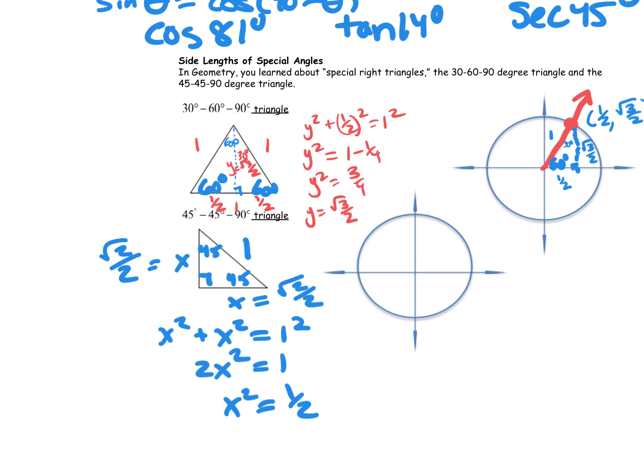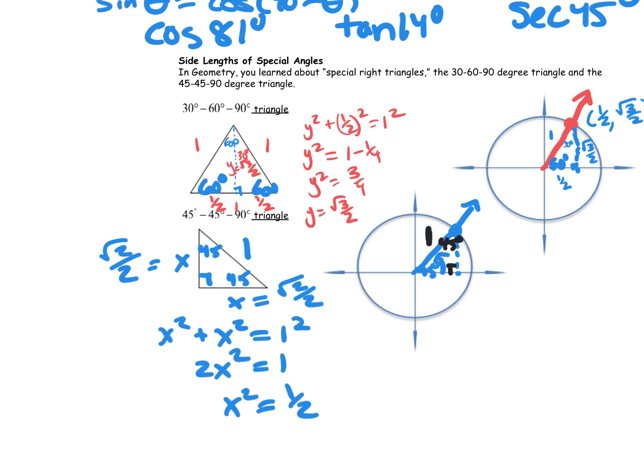√2/2. Okay, so that means if I have this terminal side of an angle and the angle created with the closest x-axis is 45 degrees, then if I have this 45, 45, 90 triangle in the unit circle, I'm going to have my hypotenuse be 1.